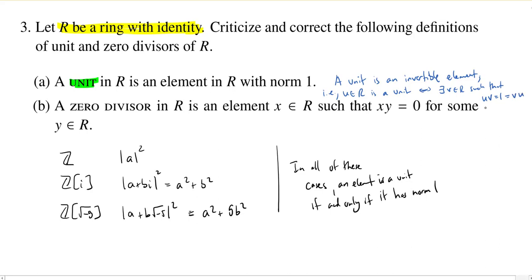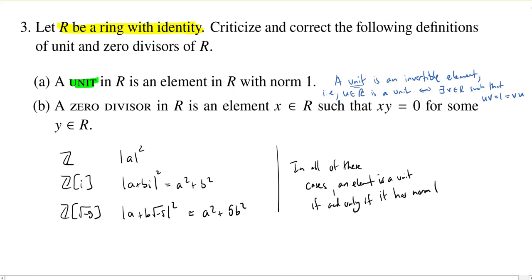I write it in both ways here because I didn't assume that the ring was commutative, so in principle we should check both directions. Now it's okay to write a 1 here because we did assume that the ring had an identity. So this would be a better definition for a unit, right? Namely that it's an invertible element.